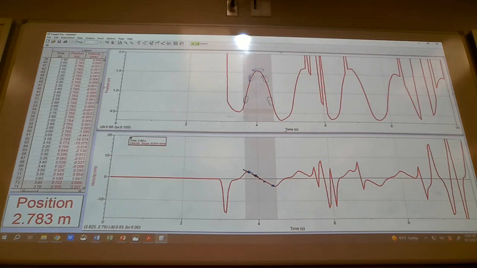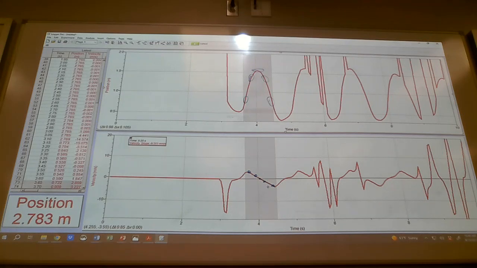So negative 8.6, negative 10, negative 9.8. I don't know if you can read those values. Negative 9.5, negative 10.1, negative 9.8, negative 9.4, negative 9.4, negative 9.4, negative 8.